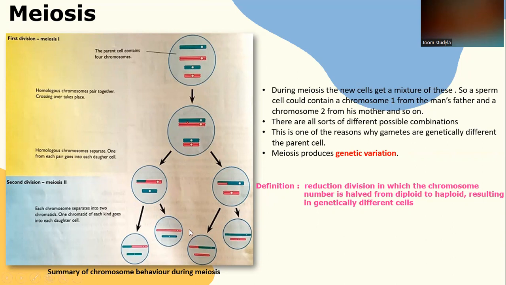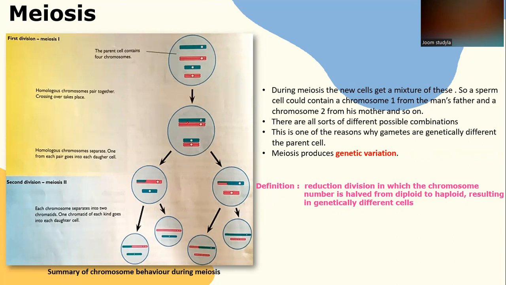During meiosis, the new cells get a mixture of these. So a sperm cell could contain a chromosome 1 from the man's father and a chromosome 2 from his mother, and so on. There are all sorts of different possible combinations. This is one of the reasons why gametes are genetically different from the parent cells.